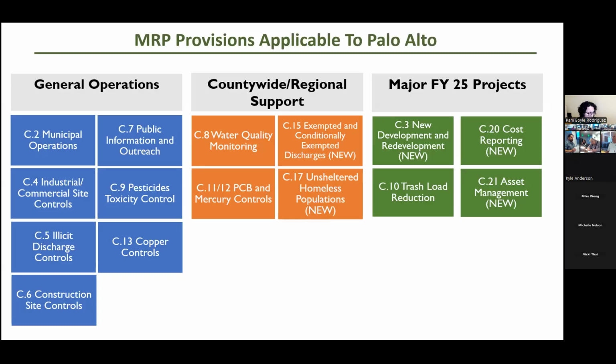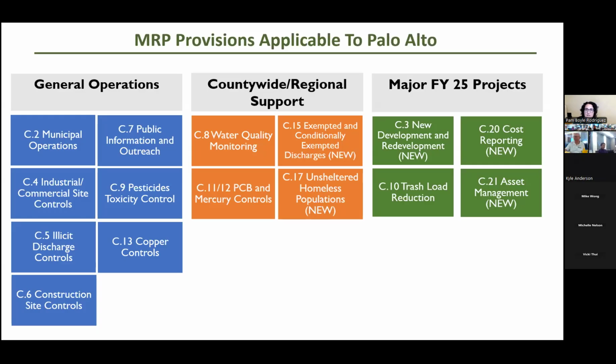The way we enforce on something like residential car washing is that we provide outreach, and in that outreach we ask people to do different things, but we're not going to issue any citations or enforcement letters. If someone calls us and says that's happening, we might go and let them know, and explain how it might impact water quality downstream.